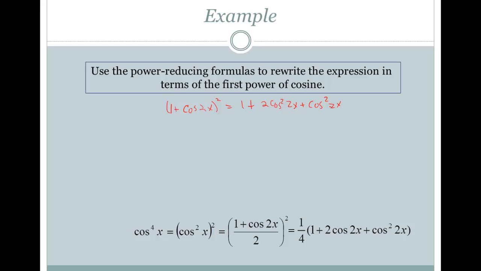I'm going to replace that term with 1 plus cosine 4x over 2, because it's already a 2x in there, and so the 2x becomes a 4x when I plug it into the power reducing formula. I'm going to have to make that substitution for that term right there.